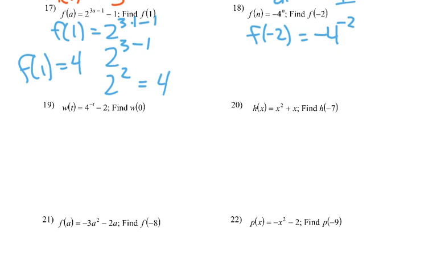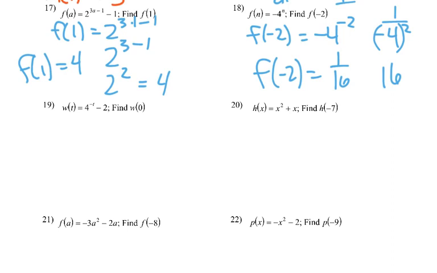Now, if you didn't know the rule about negative exponents, those actually become fractions, so it would be 1 over negative 4 squared, which would be a positive 16, so we'd get f of negative 2 equals 1 over 16. Kind of an ugly one, but we still deal with it.